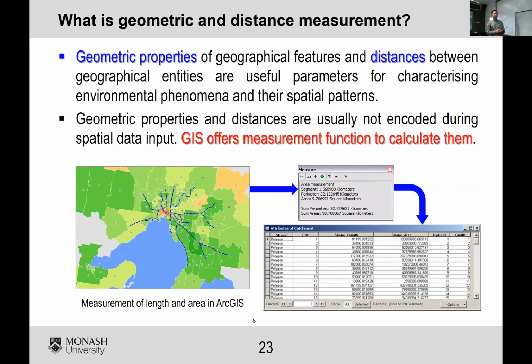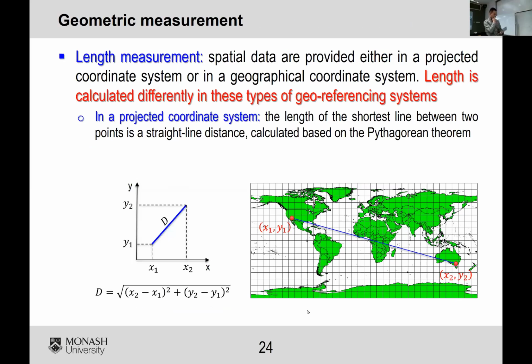So in ArcGIS, we can easily do that with a measurement tool or calculate these geometric properties using the attribute table. So these are very simple, but I want you to understand how the distance or area are calculated in different coordinate systems and on different data models, namely the raster and vector data.